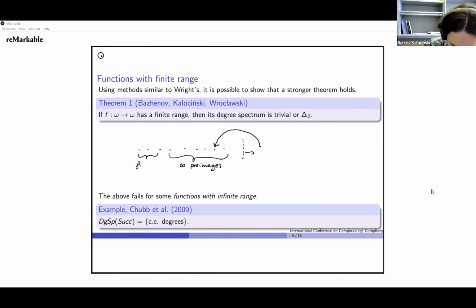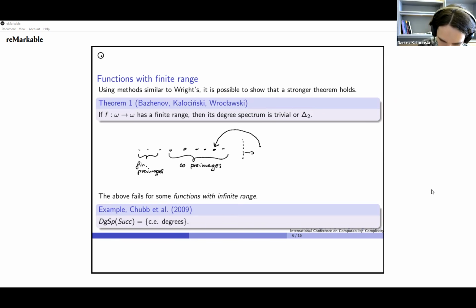Some elements can have finite preimages, but from some point on, everyone will land somewhere here.